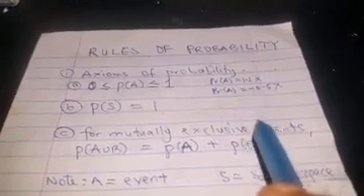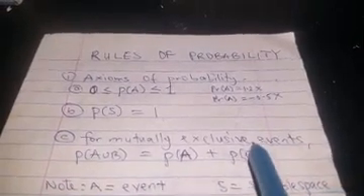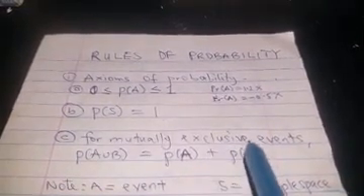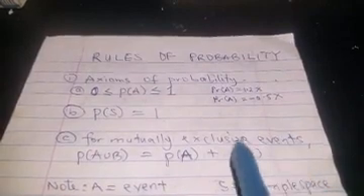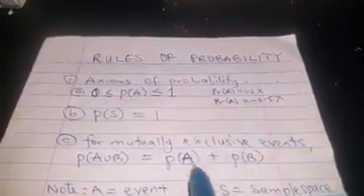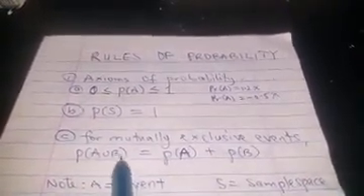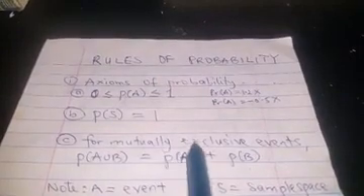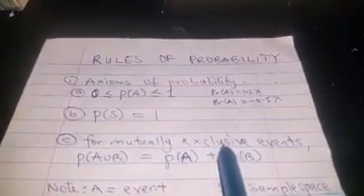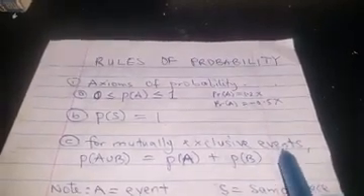The probability that I go to school plus the probability that I did not go to school will be equal to A union B. Actually, it will be equal to 1 in that case. So events that can't happen at the same time are what we call mutually exclusive events.